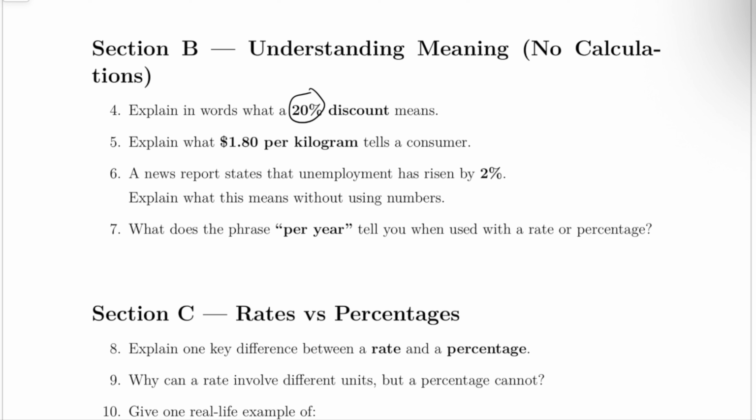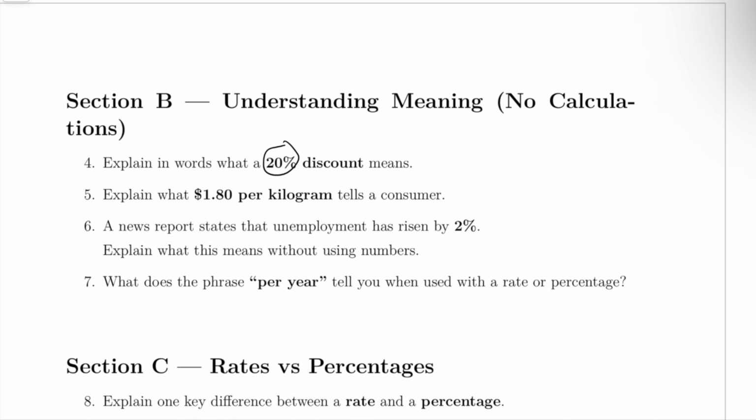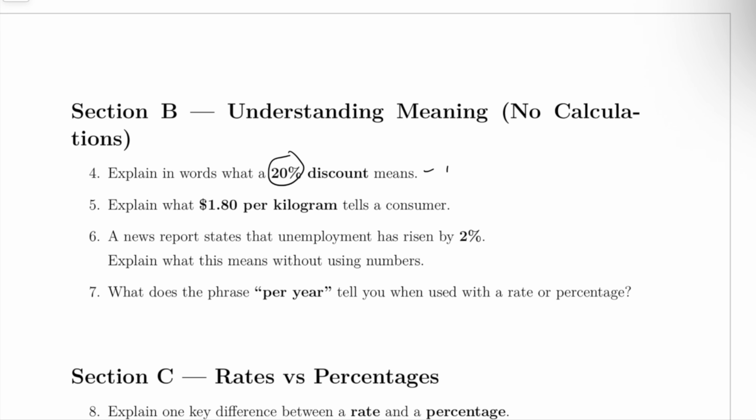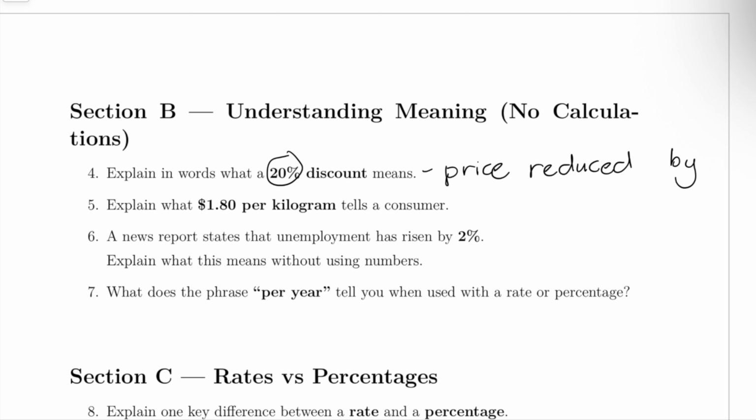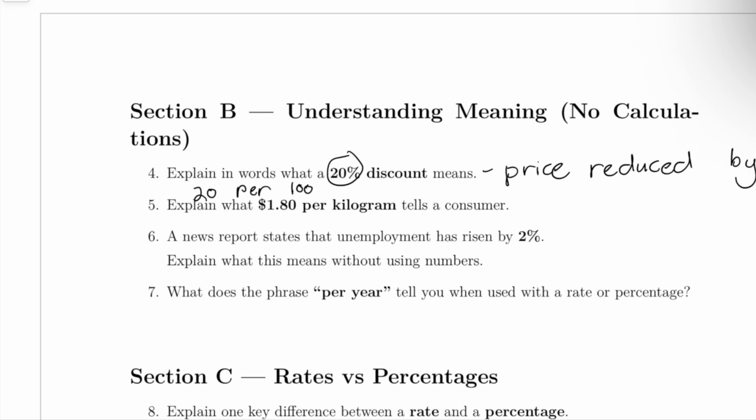So the 20% means that you're reducing the price by 20 per 100 of the original price. So we can say price reduced by 20 per 100 of the original price.